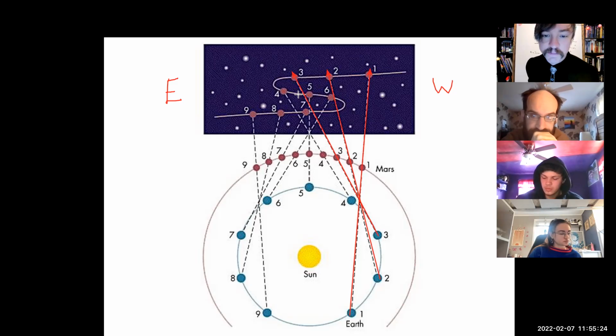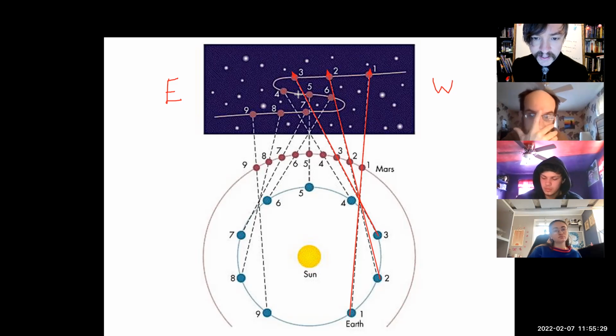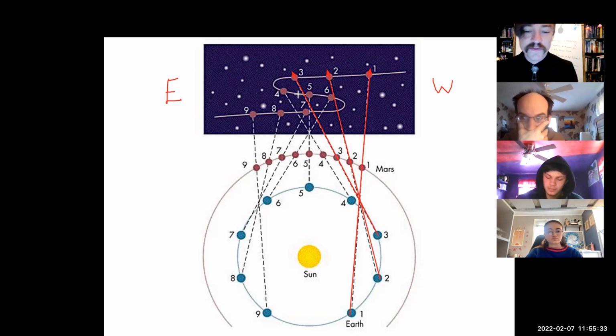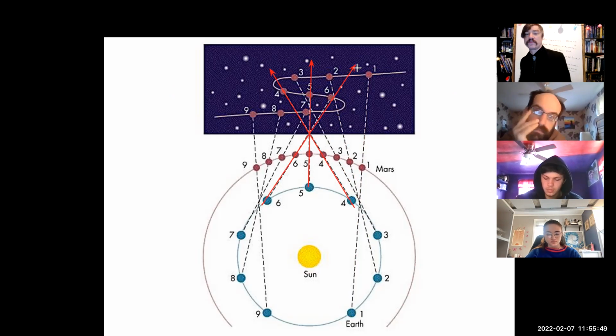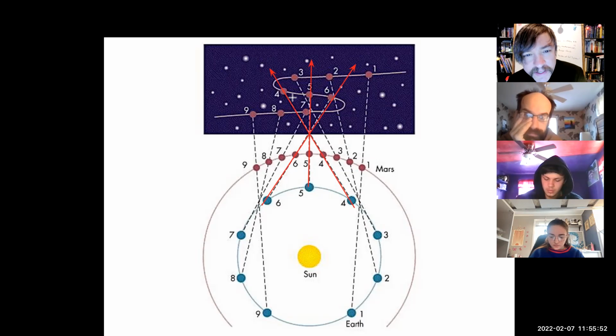seeing Mars from a vantage point where Mars is sort of to the left of Earth, and that makes it appear to be shifting eastward along the ecliptic. However, when Earth passes Mars in configurations 4 and then 5 and 6, as it travels past Mars and gets ahead of it, Mars now appears to the right and appears to temporarily be shifting backwards, or westward, relative to the constellations in the ecliptic.